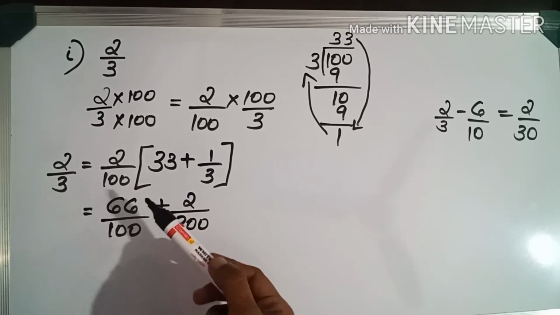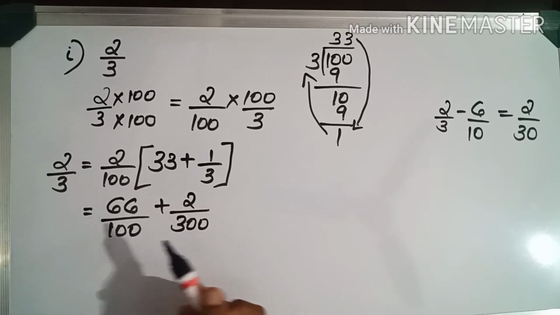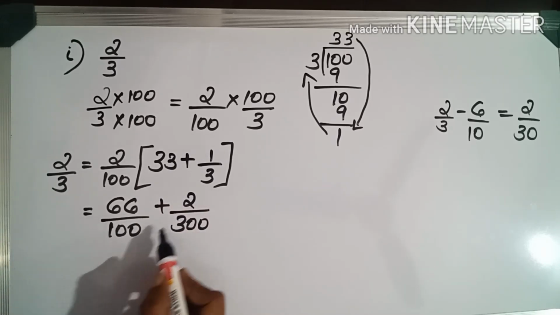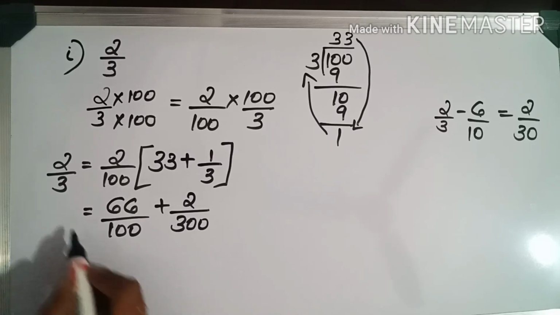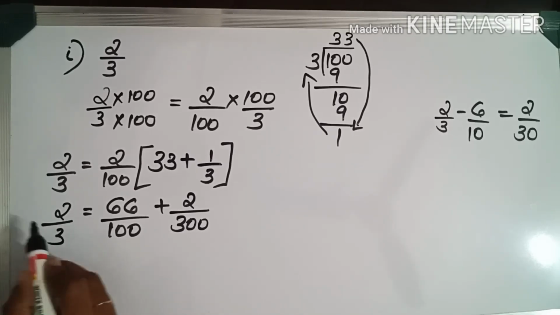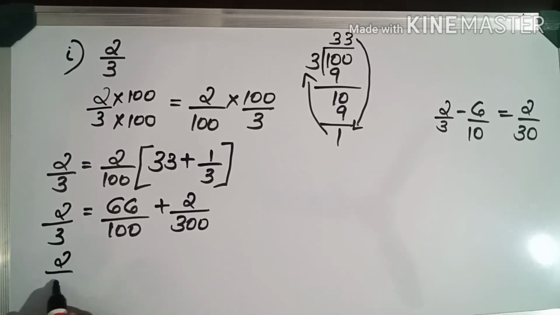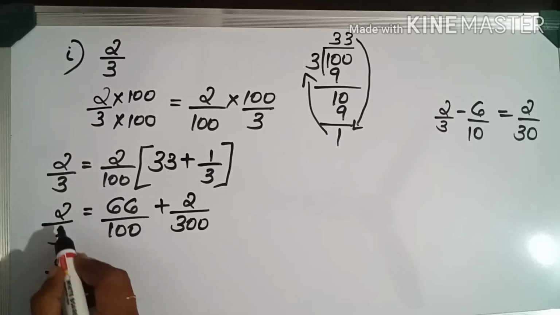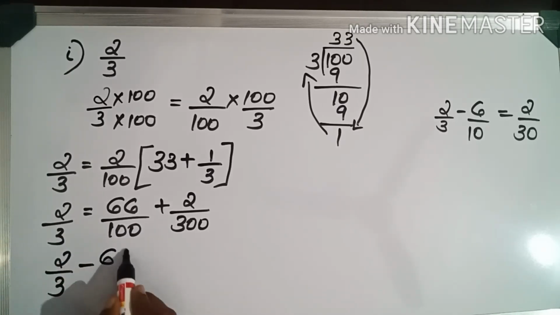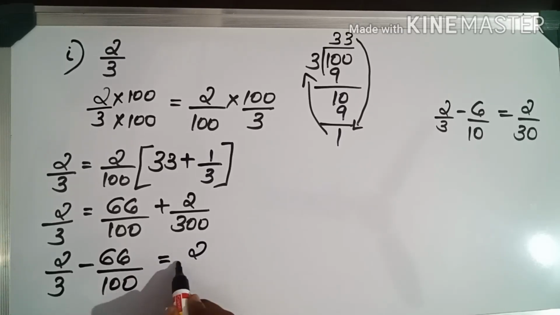So here we got the answer as 66 by 100 plus 2 by 300. That is 2 by 3 equal. In the next step, take the 66 by 100 to this side, so 2 by 3 minus 66 by 100 equal to 2 by 300.